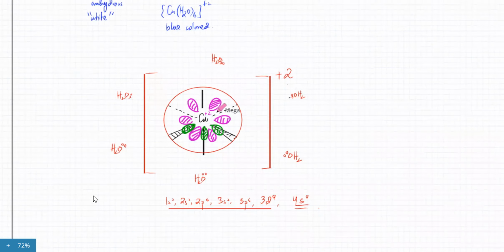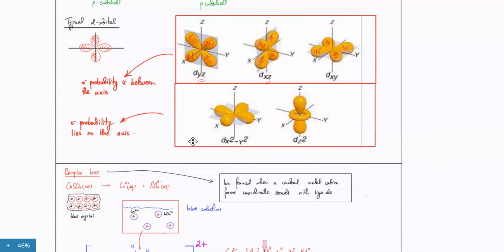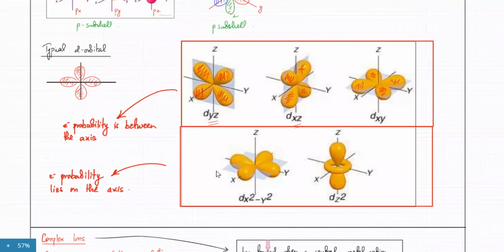Now this is not a 3-dimensional image. I'm just showing that the 3d has many different lobes. There would be some electrons on the axis and some between the axes. Think of this in a 3-dimensional way. If I draw all the d orbitals together, you would have all these lobes surrounding the nucleus: electrons between the y and z axis, between the z and x axis, between the x and y axis, on the x and y axis, and on the z axis.